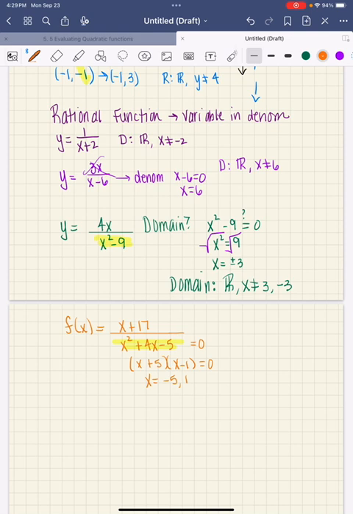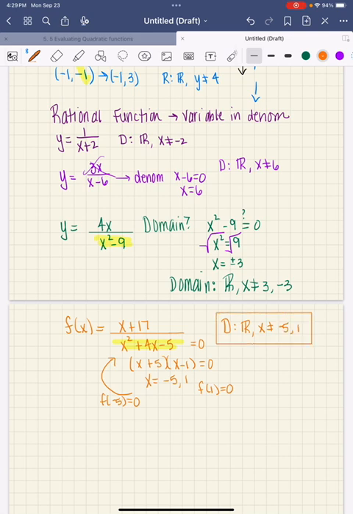If x is negative 5, when you plug this back in, you're going to get 0. If x is 1, you're going to get 0. Cannot happen. The domain, all real numbers, x can't be negative 5 and 1.